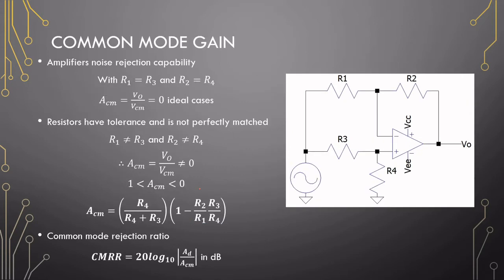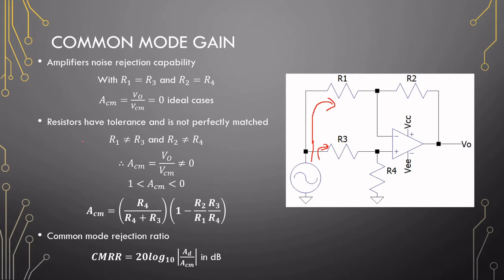Okay, the second term is common mode gain. Now we saw this in the simulation when we connected the same kind of signal into the inputs like this, and our answer was or should be 0, and it wasn't because I wasn't using a perfect op amp to begin with.